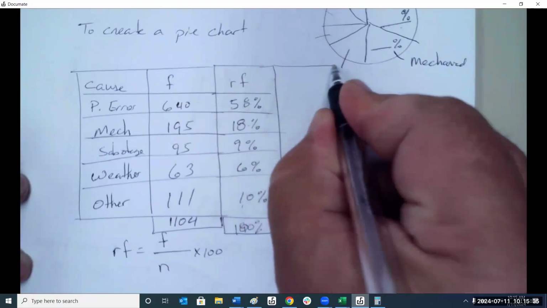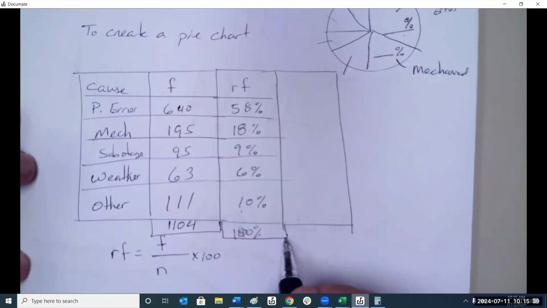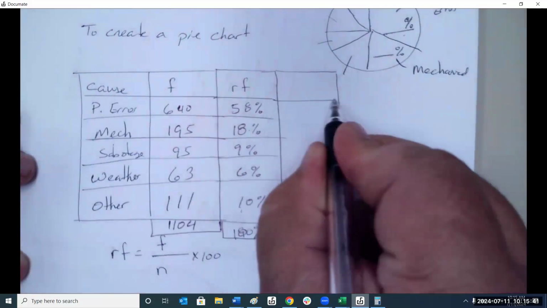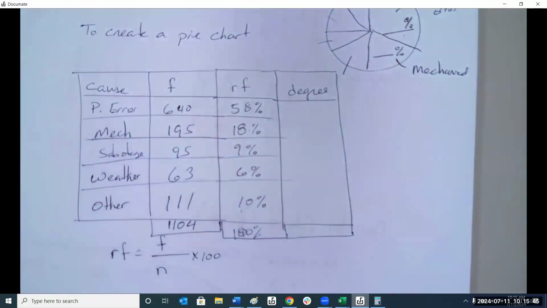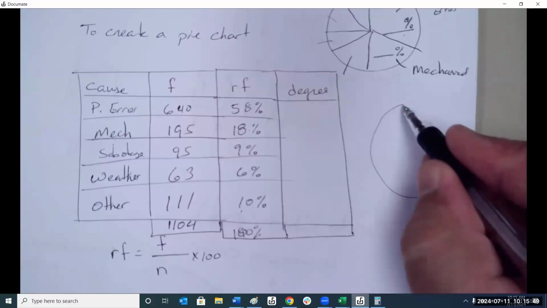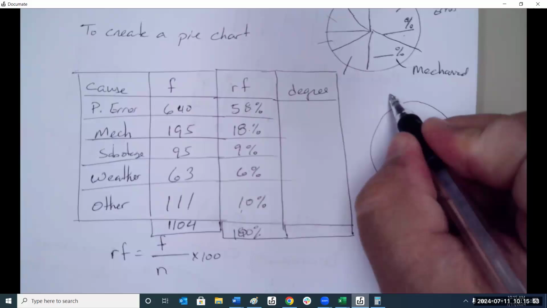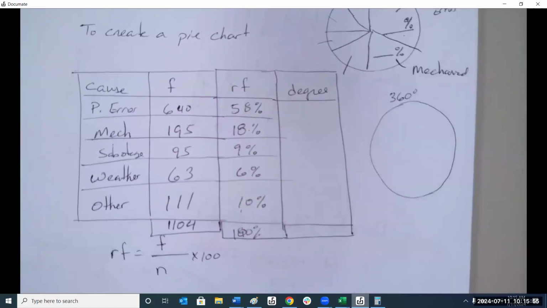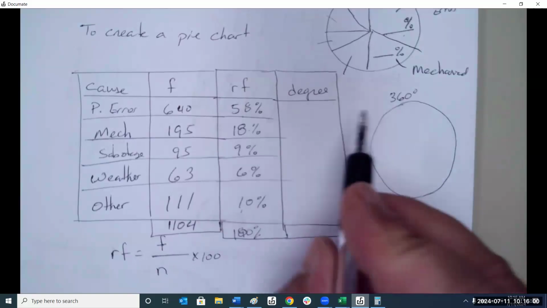Now we got to find the degree. Because a circle has how many degrees? 360 degrees. So what is 58% of 360 degrees?